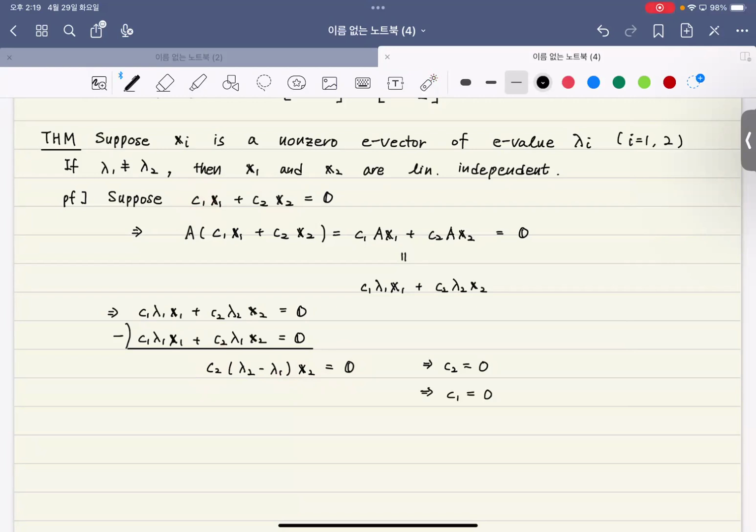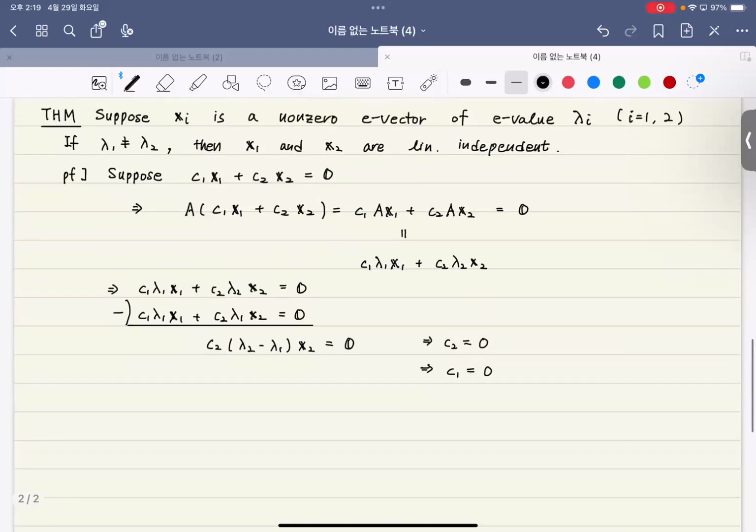So x1 and x2 are linearly independent. There is a very nice corollary of this theorem: if a matrix has n distinct eigenvalues, then A is diagonalizable.